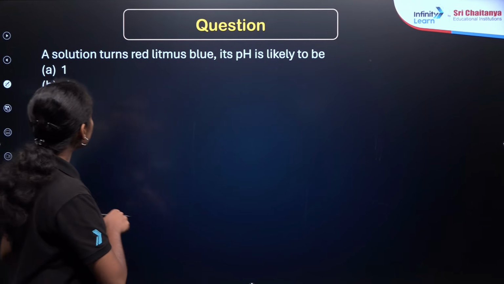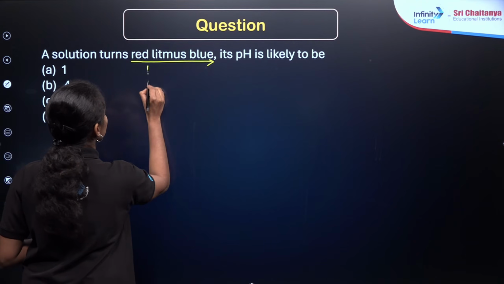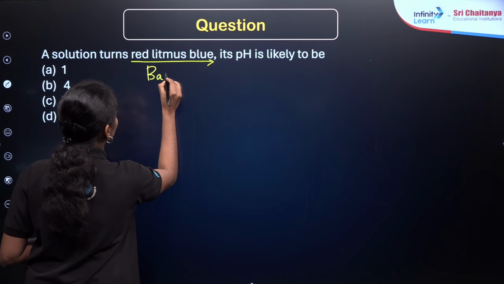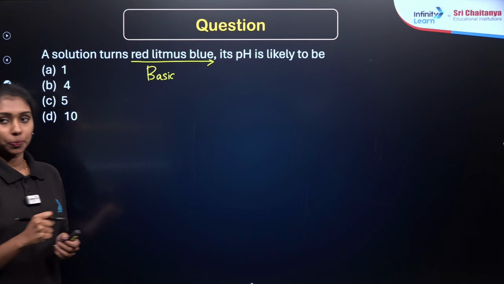So we have already studied, right? Red litmus into blue means it will be a basic solution or the alkaline solution, right? So how can we define an acid or base in terms of the pH value?